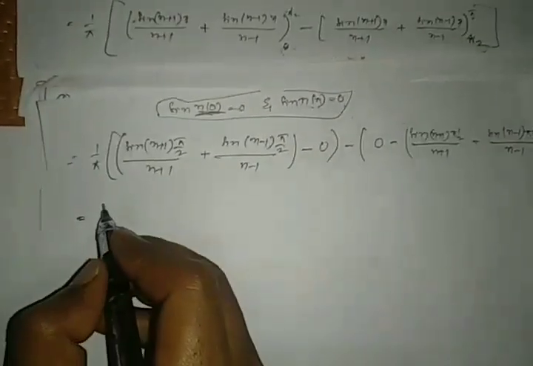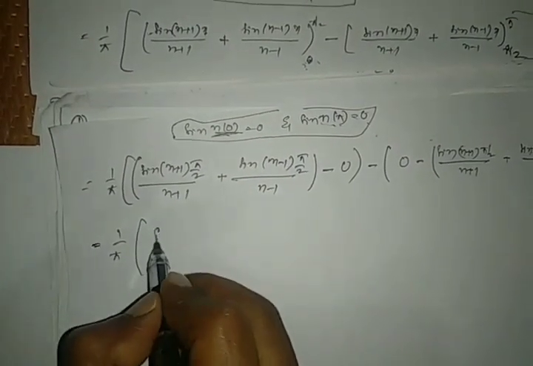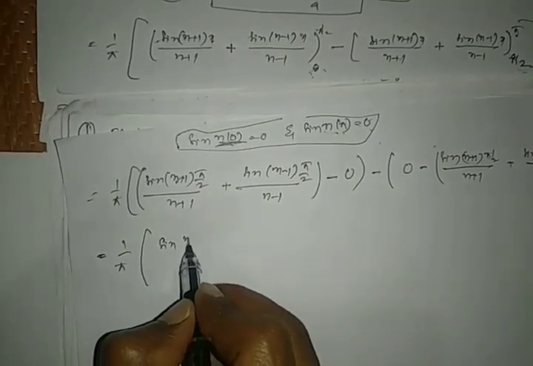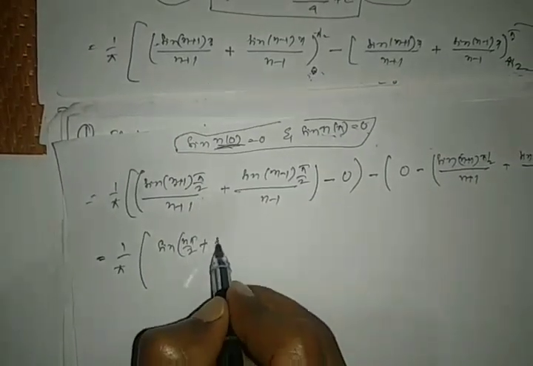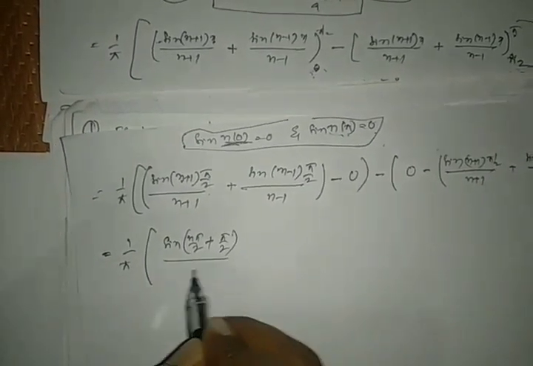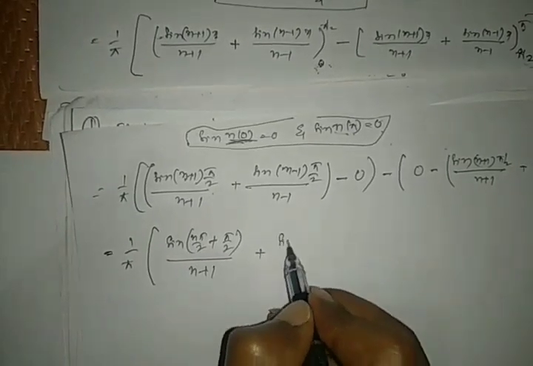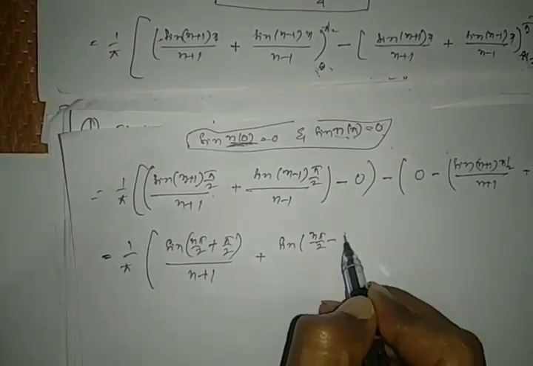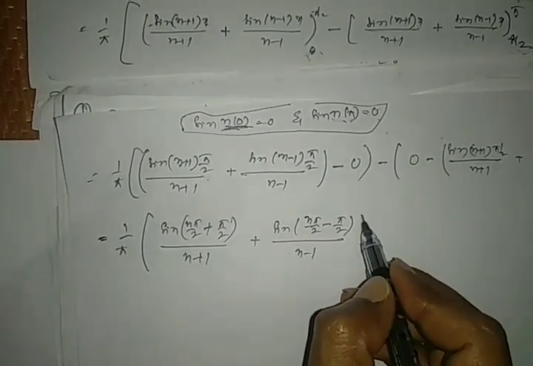That is equal to 1 by pi whole into, now this is multiplied with pi by 2, n into pi by 2 sine of n pi by 2 plus 1 into pi by 2 by n plus 1, plus here also multiply with pi by 2 sine of n pi by 2 minus pi by 2 by n minus 1.